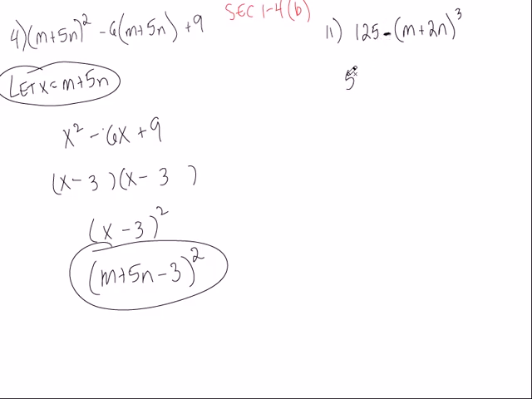So watch, I write it like this. I say 5. You don't really have to put that in parentheses, but I'm going to. That's being cubed, correct? And is there something being cubed here? Sure, m plus 2n, and that's being cubed as well. That's the first thing I do. I set it up so I see something cubed minus something cubed.